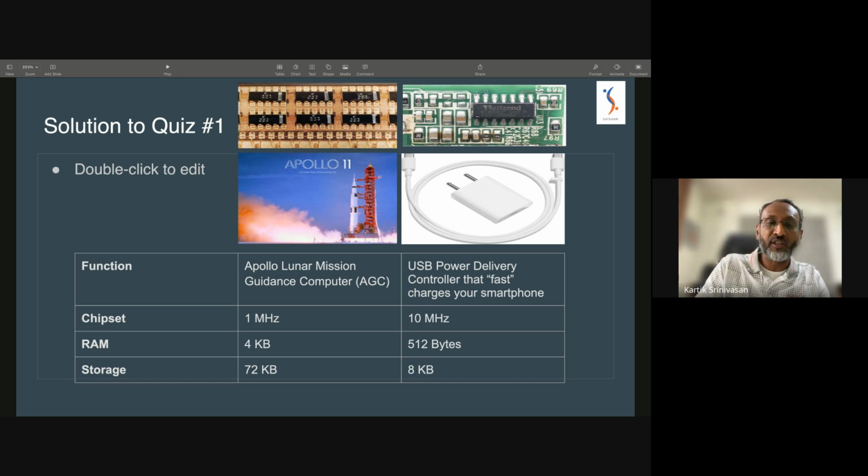Whereas that specification or 10 times better specifications are being used today to power the charging equipment for our phones.